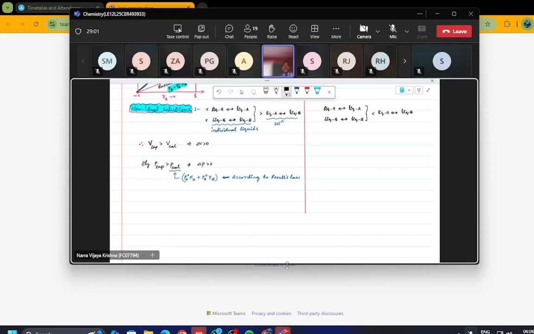Now, if two molecules attract each other, what happens to the net energy? Increases or decreases? Will energy be released or absorbed when two molecules attract each other? Released means delta H becomes negative, so less than 0. Correct, na? Pakka.